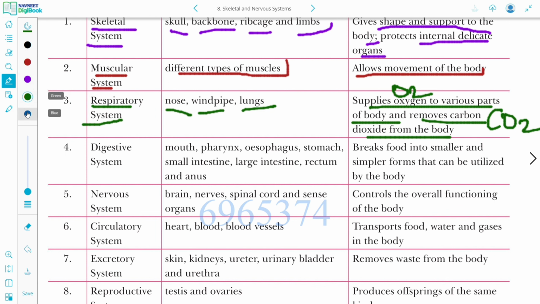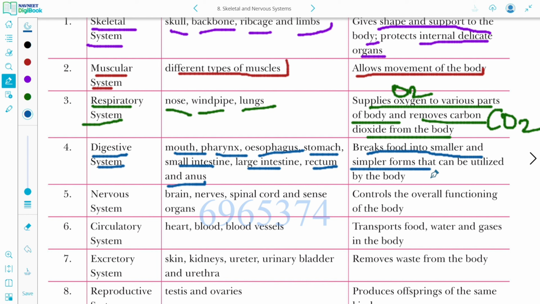Next system is digestive system. In digestive system, the organs which take part are mouth, pharynx, esophagus, stomach, small intestine, large intestine, rectum and anus. The function of digestive system is to break food into smaller and simpler form that can be utilized by the body.